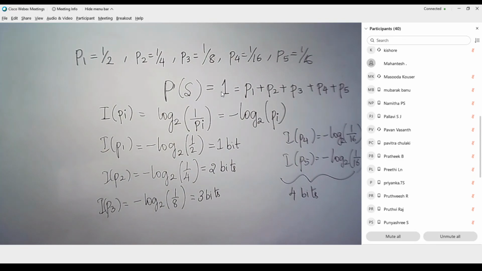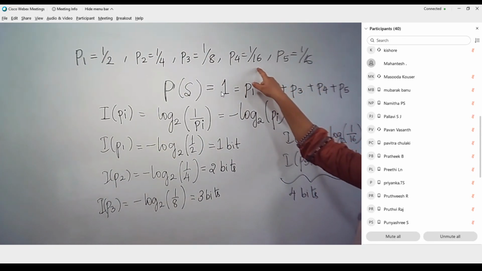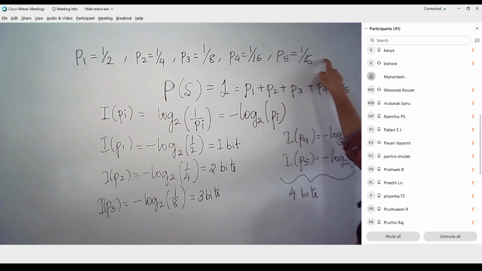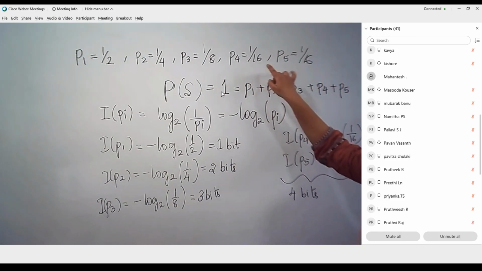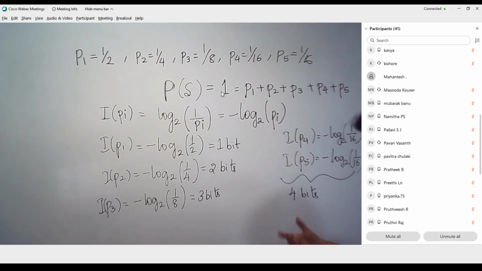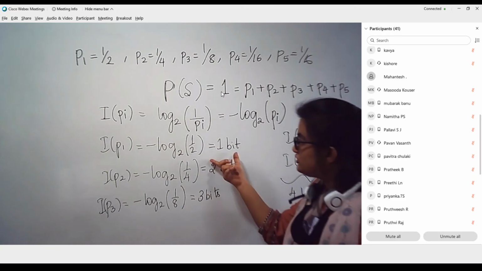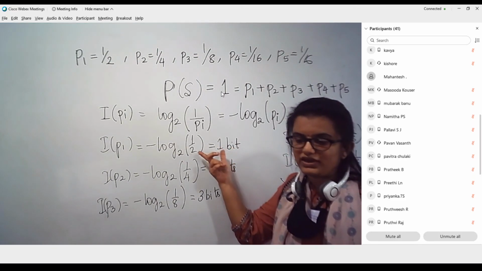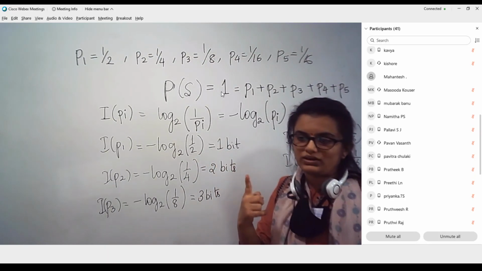So what this problem states is that the messages which are least probable, you can see here it is 1 by 16 and 1 by 16, the messages which are least probable and least occurring will have larger information. That means we need to assign at least 4 bits in order to represent P4 and P5, whereas the most probable information, that is P1, can be assigned with only 1 bit.